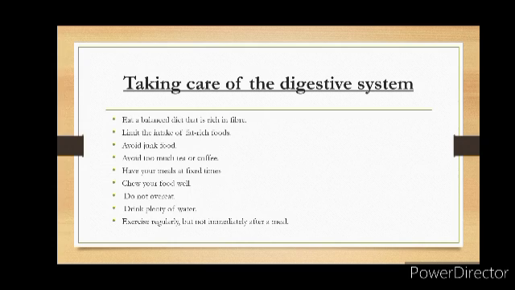We need to chew food well, not overeat, and drink plenty of water for proper digestion. And exercise regularly but not immediately after a meal. These are some steps to take care of the digestive system.